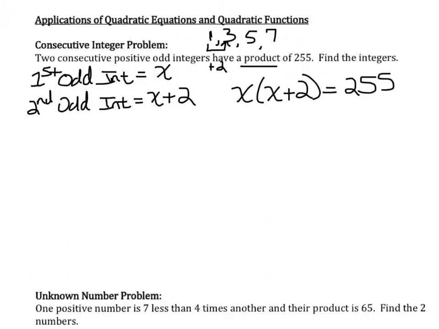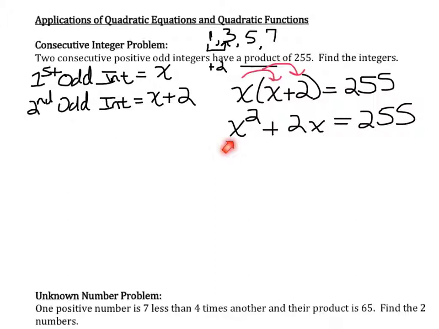Now I have all the information I need to find my two integers by solving for my variable x. Of course, we've got to use the distributive property, because since this is going to be a quadratic equation, we're going to want everything on one side. So I've got to distribute. I get x times x is x squared, x times 2 is 2x, and that equals 255. Of course, it's a quadratic equation: we see our x squared here, the highest power of x is 2.